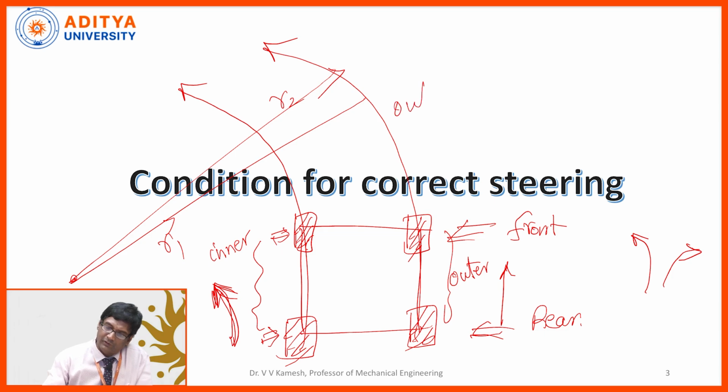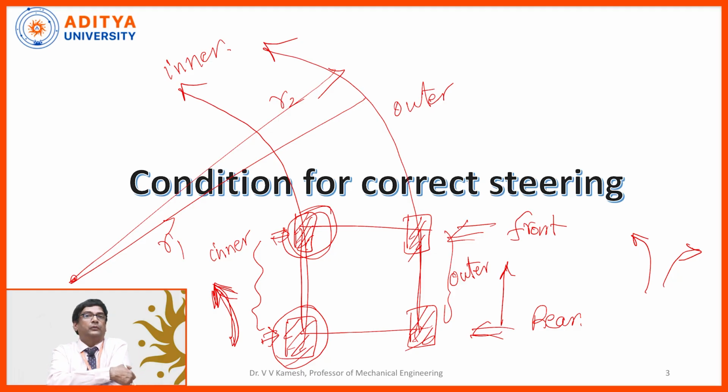This is the outer circle and this is the inner circle. So, the wheel which is on the inner circular arc, that is inner wheel 1, inner wheel 2. So, we are having 2 inner wheels, one at the front, one at the rear side. These two are the outer ones.